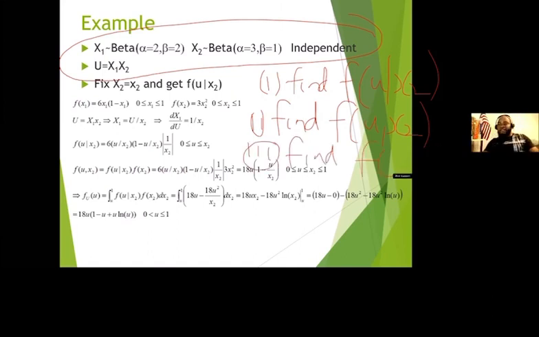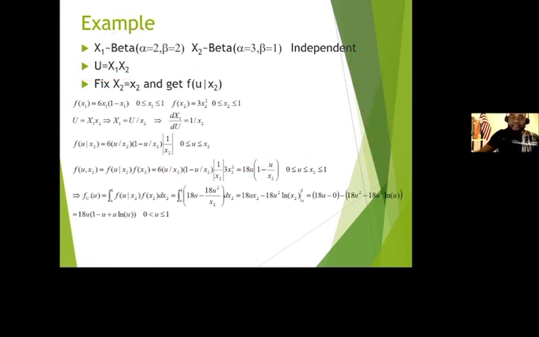Did the person understand now? I can ask you to do all of that. Before you can actually find this, you need to first find this. And before you can finally find f of u, you must have found the first two. Did the person get the question now? The person that asked the question in the chat, did you get it now? I'm super excited that you get it now.